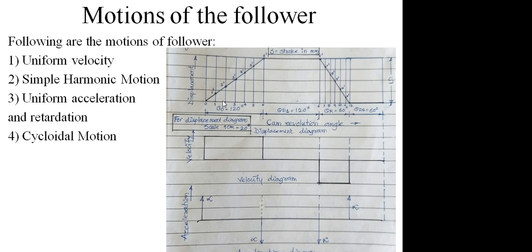So this is 1 centimeter, 1 centimeter, 1 centimeter likewise. This is 0.5 centimeter, 0.5 centimeter, 0.5 centimeter likewise. So you have to divide theta O and theta R in equal even parts like 4, 6, 8. Okay. Now, this is the displacement diagram.